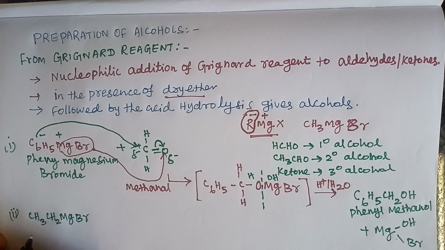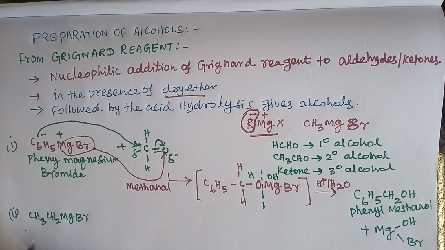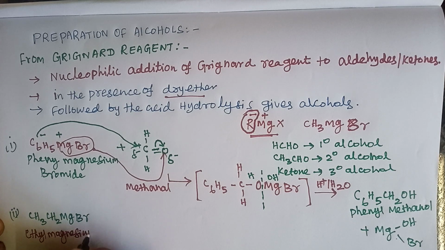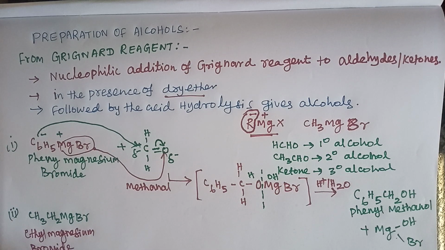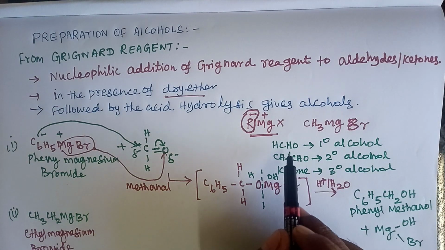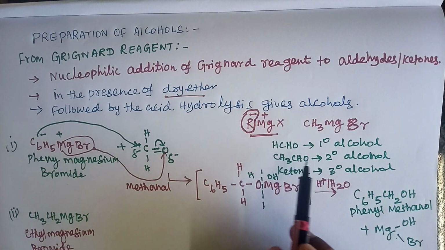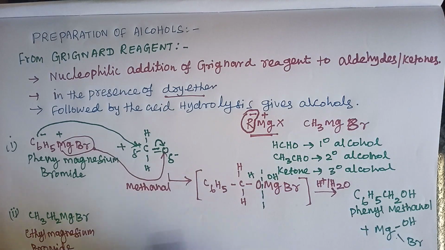The name of this compound is ethyl magnesium bromide. So we know that if we take formaldehyde, it gives primary alcohol. If we take other than formaldehyde, it gives secondary alcohol.